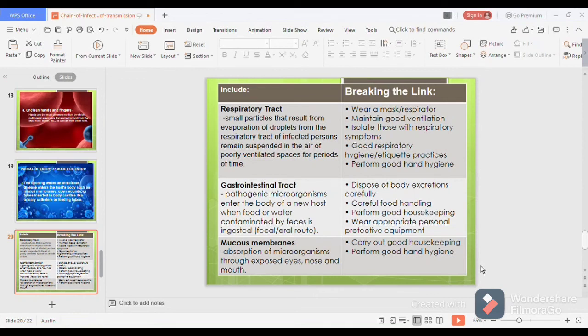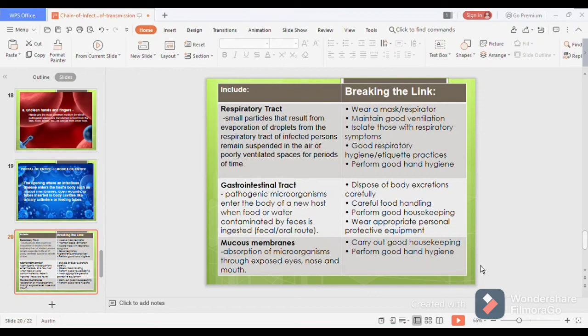So daghan gyud possible na mga sakit ang ano sa imuha. So breaking the link, dispose of body excretions carefully, careful food handling, perform a good housekeeping, and wear appropriate personal protective equipment.